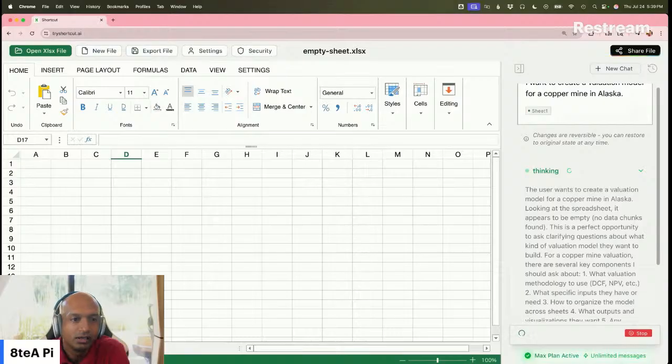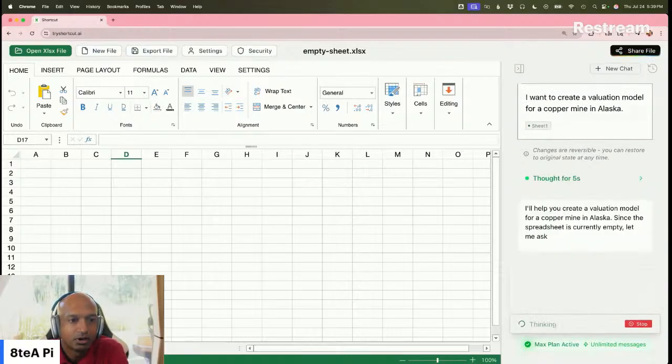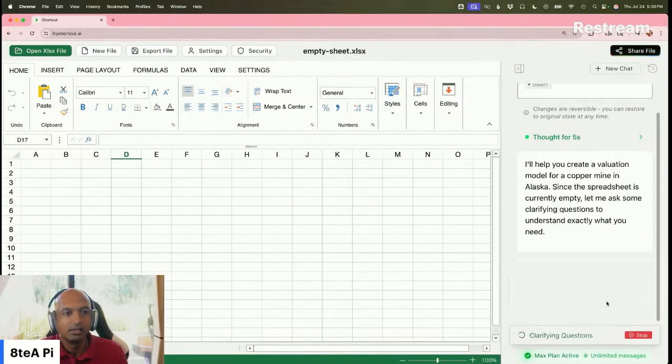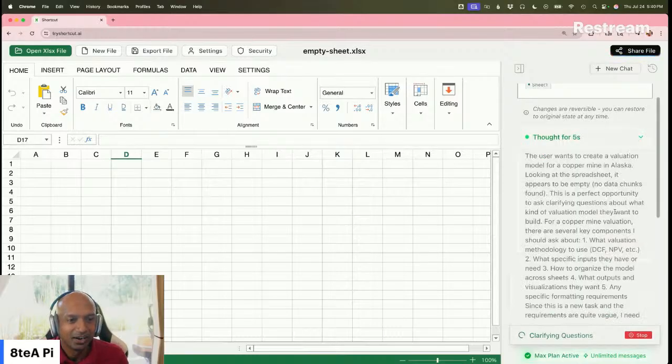It's thinking the user wants to create a valuation model for a copper mine in Alaska. Since the spreadsheet is currently empty, let me ask you some clarifying questions to understand what you need. Very good. It asks the questions first. Very smart. Pushing it back onto me rather than going wild. For a copper mine valuation, there are several key components.